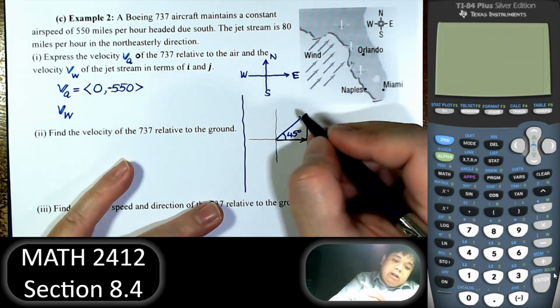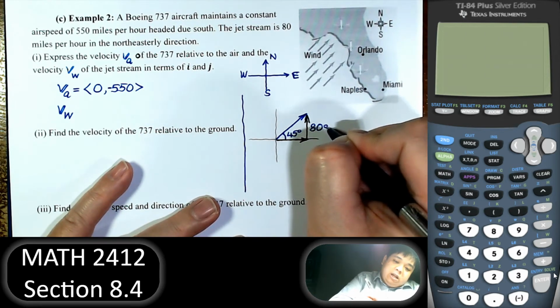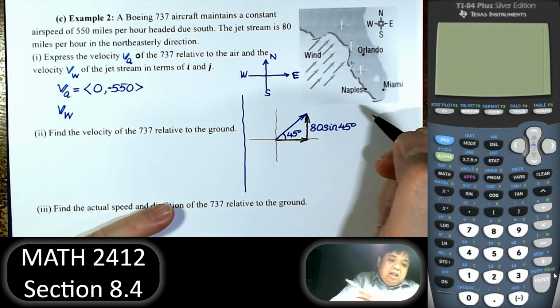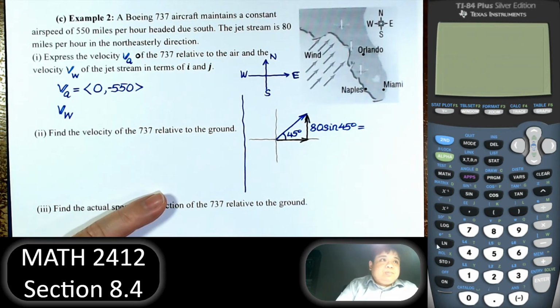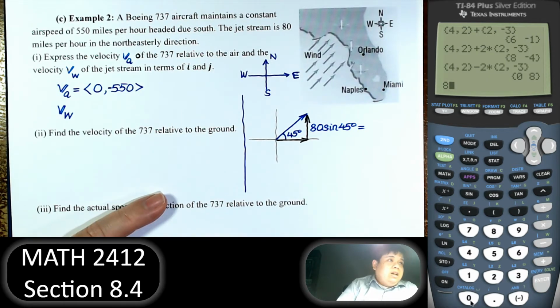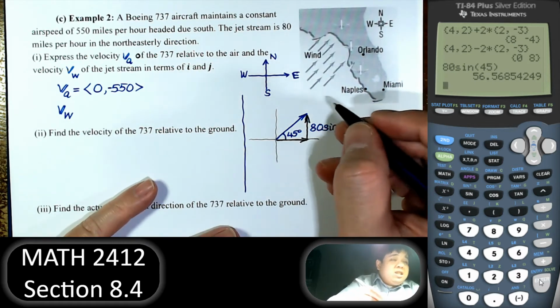So the vertical component is the magnitude of 80 miles per hour times sine of 45 degrees. Let's just get an approximation here, because I just want to get the number. In degree mode, 80 times sine of 45 is 56.6.